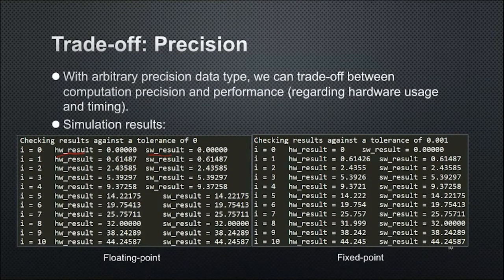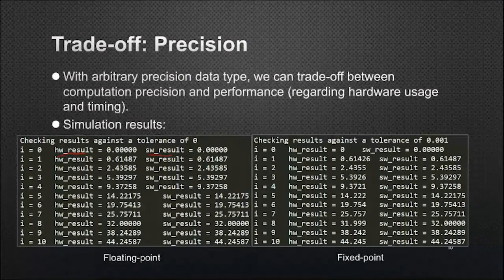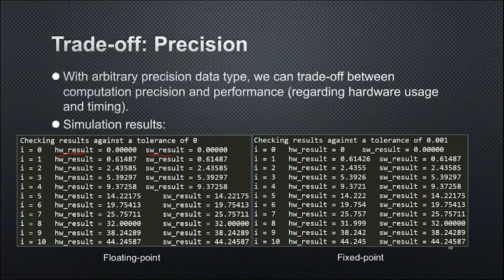There may be some difference, as mentioned in the second presentation, but here they are so small that it's not shown. On the other hand, for the fixed point design, there will be some error between using floating point and fixed point, but as can be seen, the difference is smaller than 0.001.